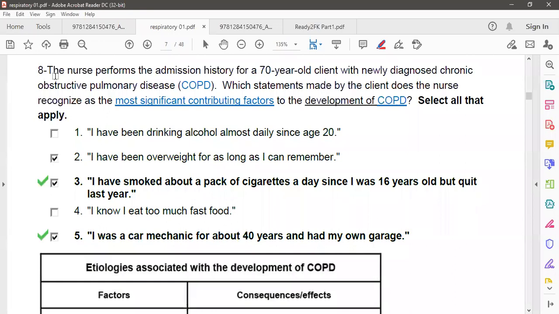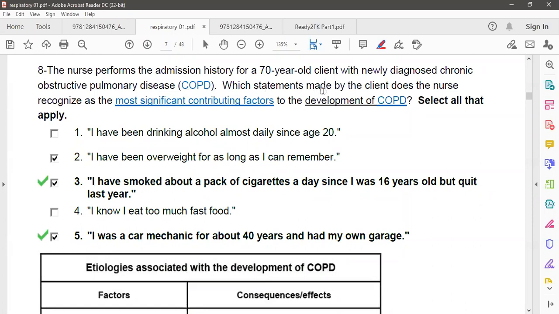Question here: the nurse performs an admission history for a 70-year-old client with newly diagnosed chronic obstructive pulmonary disease, shortly called COPD.